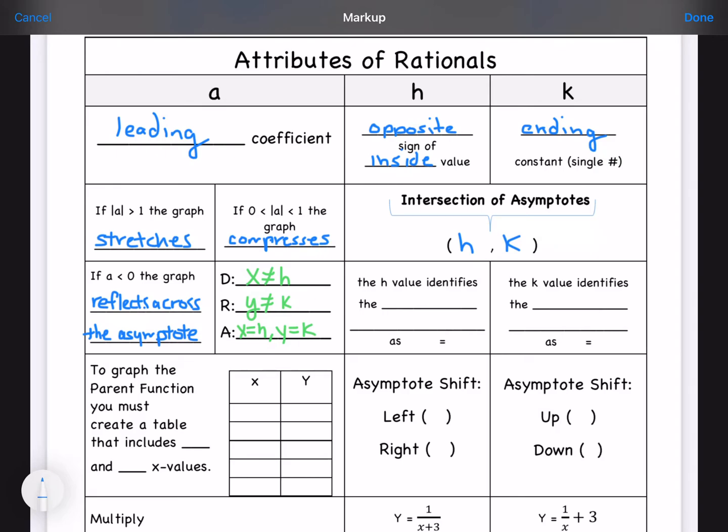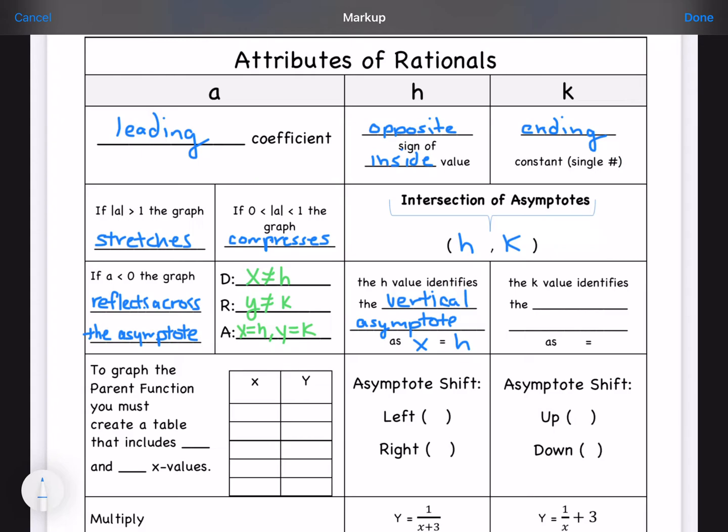So the h value now, it still is our horizontal shift, but it identifies the vertical asymptote. So it identifies the asymptote that is up and down, and it's x equals h.